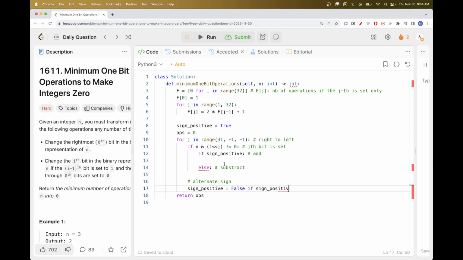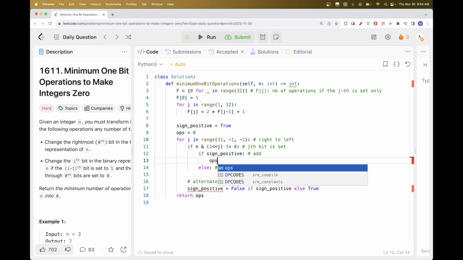I'm writing it this way just to make it super clear. Otherwise, if it was not positive, we want to set it to true. So if the sign is positive, we want to add to the number of operations. What do we want to add? Well, we want to add the j operations required to get this jth bit to be 0, and so that's f of j.